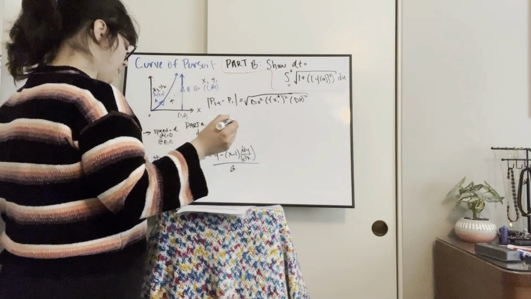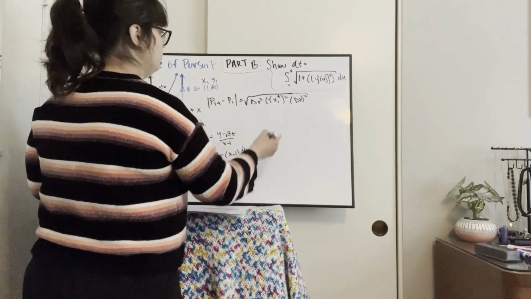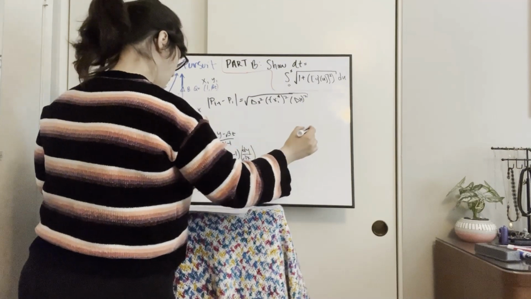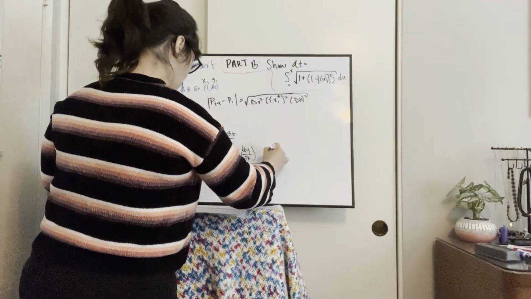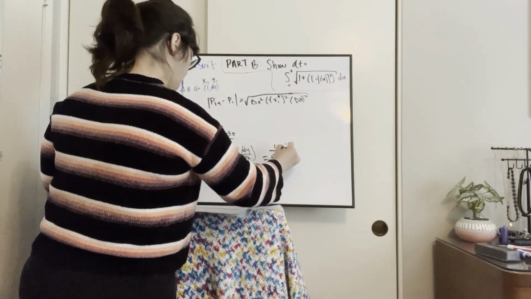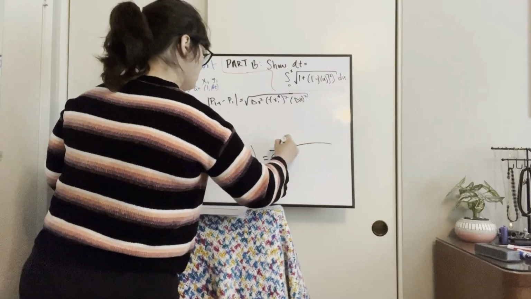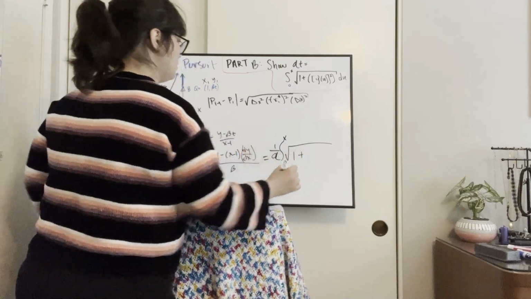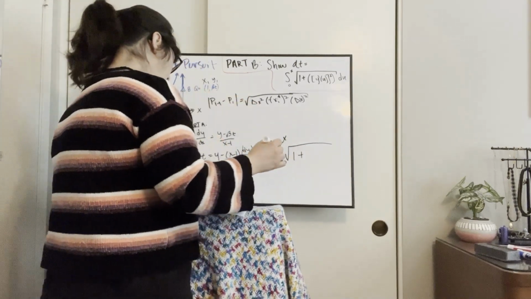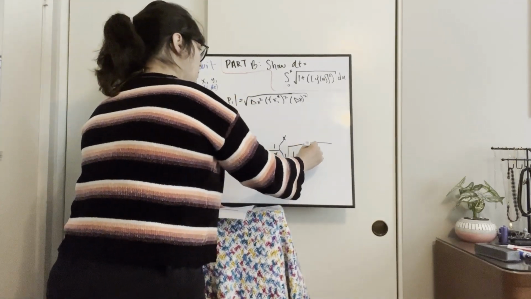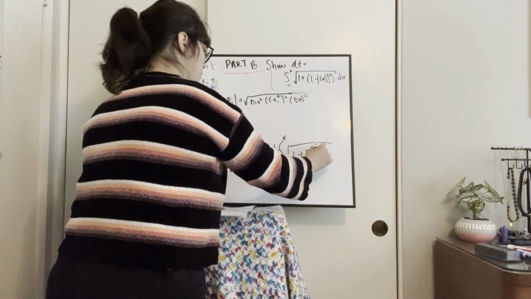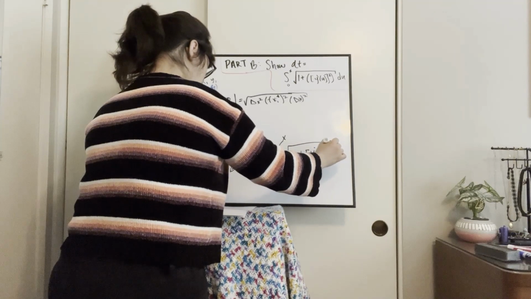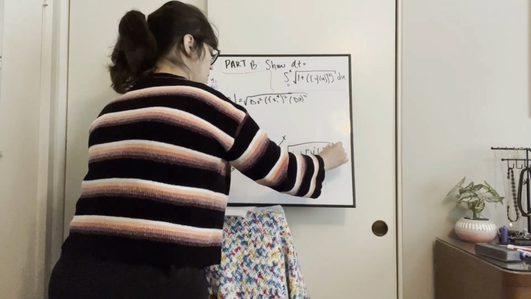And we're going to set that equal to the equation we got here, which is 1 over alpha times the integral from 0 to x of the square root of 1 plus y prime of u squared du.